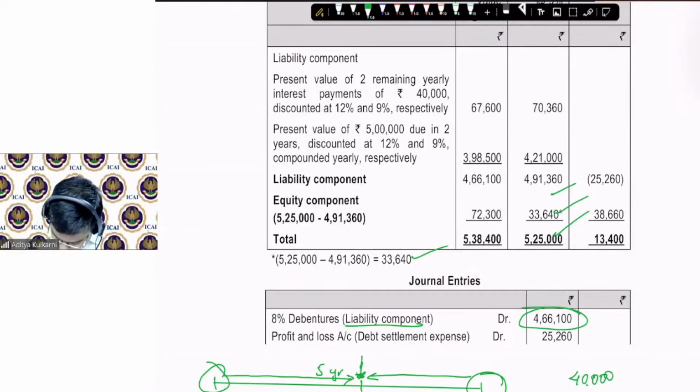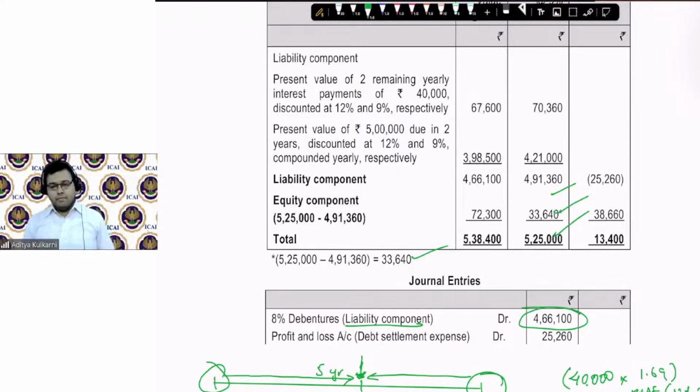As on this date, I am yet to recover 40,000 into the present value annuity factor for 12%, 2 years, which comes to 1.69, plus you have recovery of principal at the end of the 2nd year. If you do this, you will get 4,66,100.